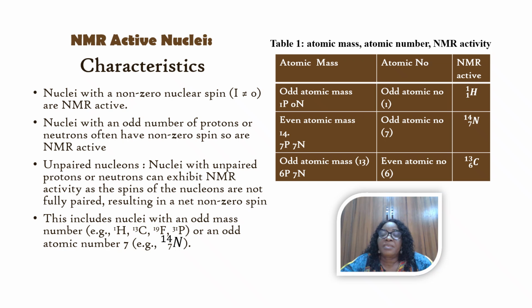Carbon 13 has an odd atomic mass of 13 and an even atomic number of 6. So it has 6 protons and 7 neutrons. In carbon 13, the unpaired neutron determines the spin.